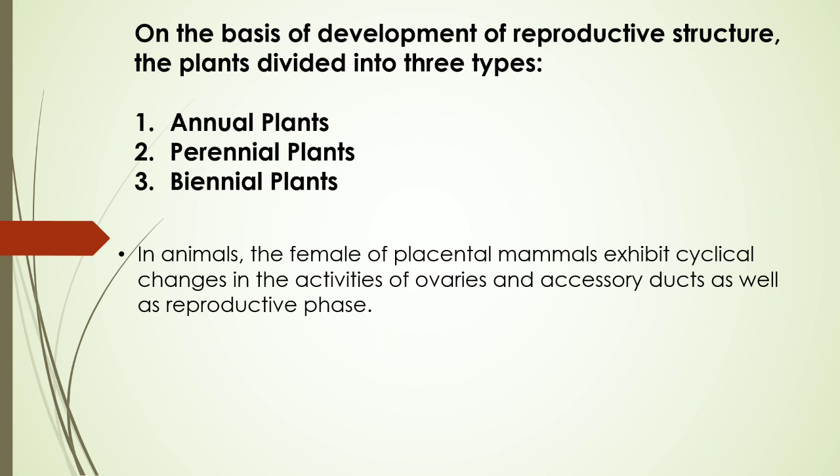These are the plants that complete their life cycle from germination to the production of seeds within one growing season and then die. Examples of the annual plants are pea, maize and watermelon. Second one is perennial plants.